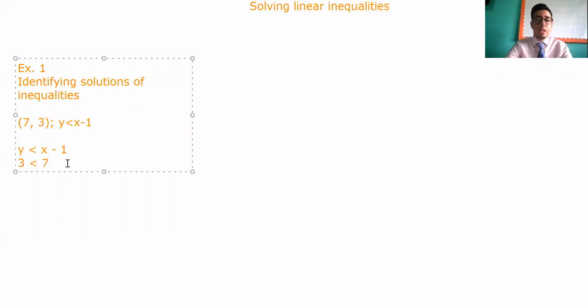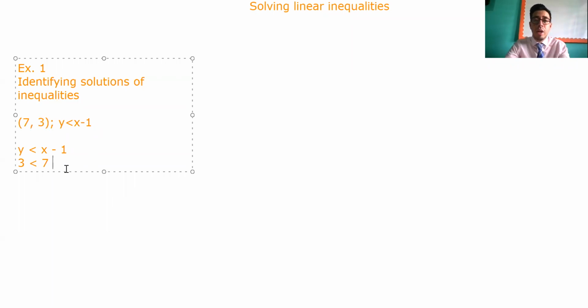Then we have this. Guys, I only replace the value that we have for each one of the variables. Remember when we started with the system of equations, they give you some values and you need to prove these values to identify if they were the solution for the system of equations. In this case, it's completely similar.